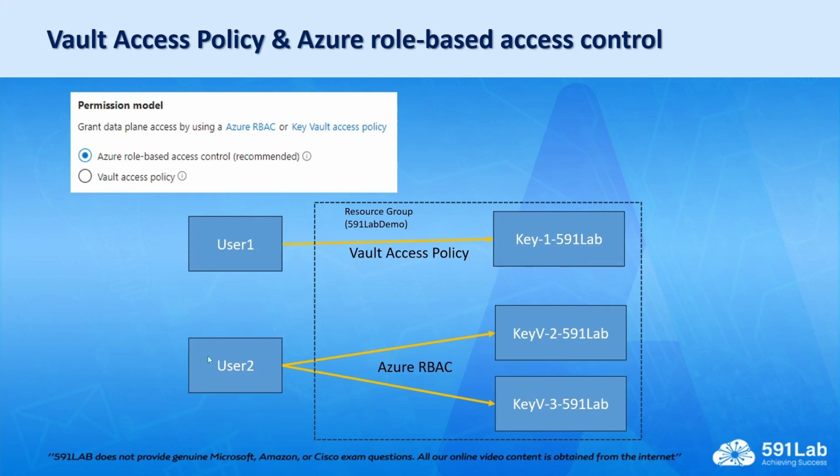However, if user 2 is assigned permission on Key Vaults, then he will be able to manage Key Vault 2 and 3, because user 2's permission is assigned at the resource level. So let's go to the portal and execute them.